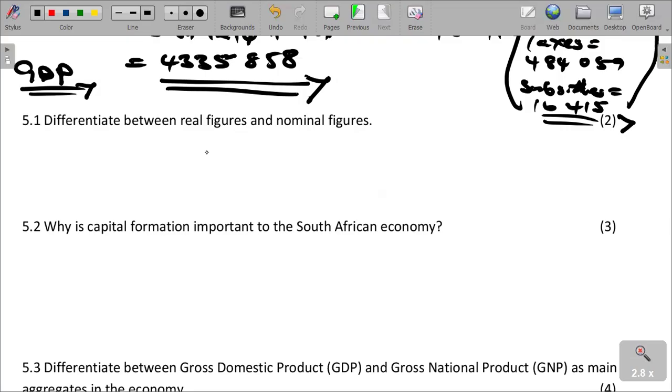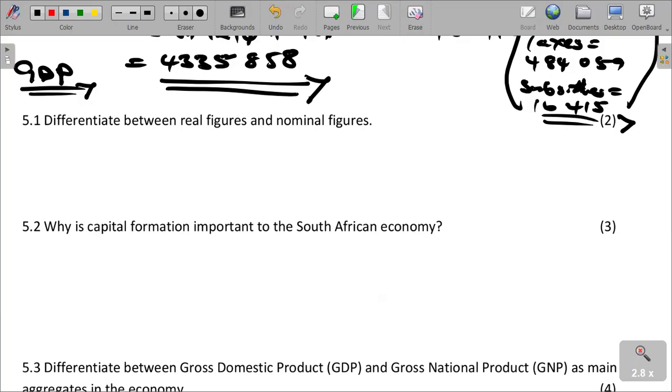differentiate between real figures and nominal figures. Nominal figures are money value today, and real figures identify money value after removing inflation.